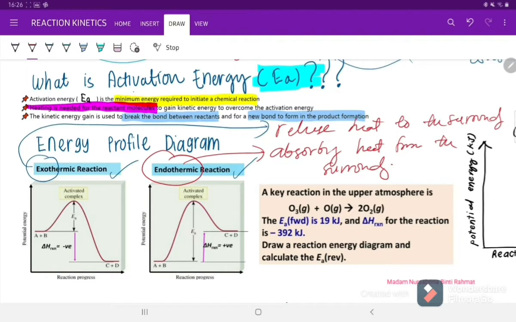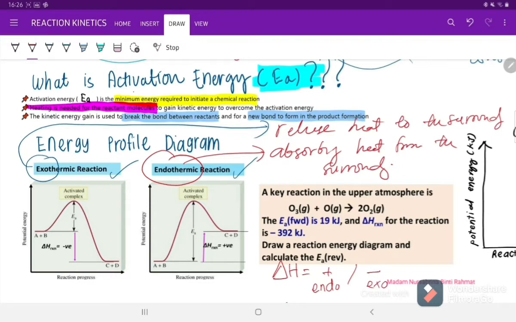We can determine whether a reaction is exothermic or endothermic based on the given value of the heat of reaction, which is your delta H. Your delta H can be positive or negative. Positive indicates endothermic and negative means it's an exothermic reaction.